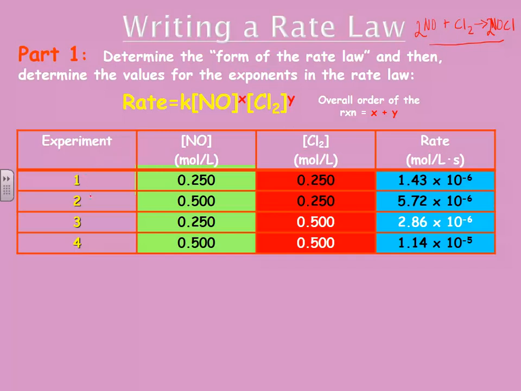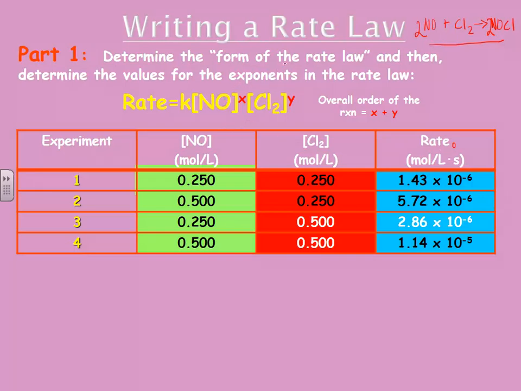You'll notice 4 experiments have been carried out. The 2 reactants here are nitrogen monoxide and chlorine, so that's why you see the concentration of NO has been measured in each experiment, and the concentration of chlorine. And this is the initial rate. Again, the method of initial rates is what we're using.